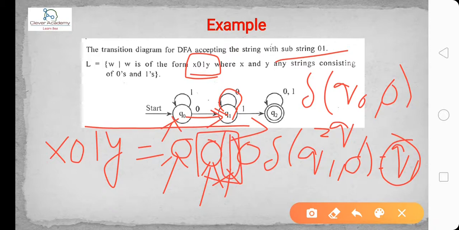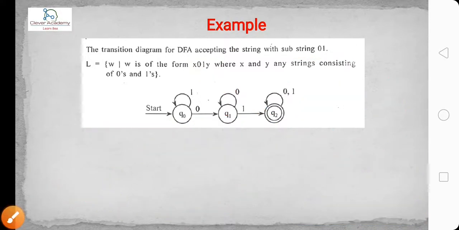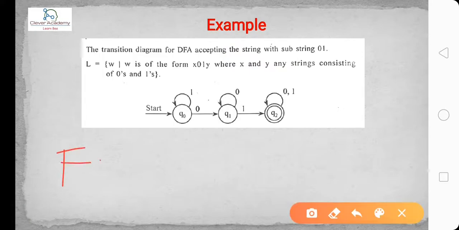So delta of q1 comma 1 moves to q2. Now I am on q2, and the next element is 0. Here F equals only one final state, q2.